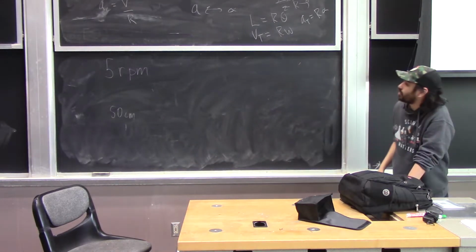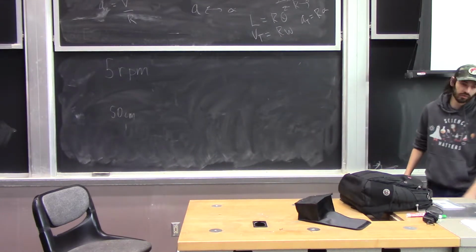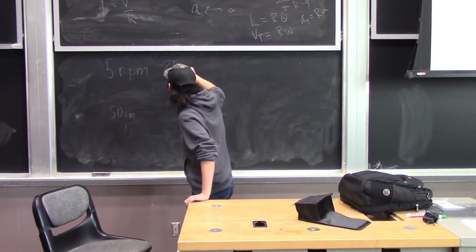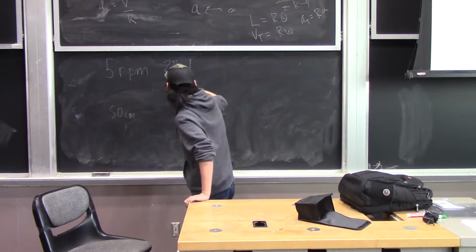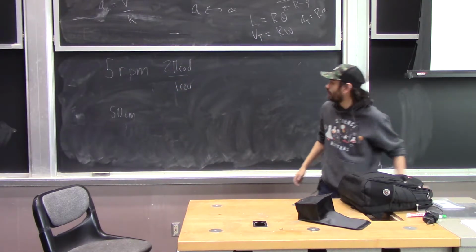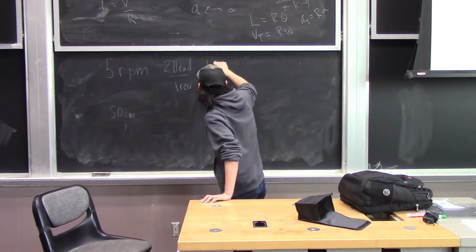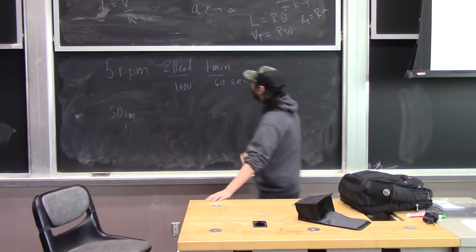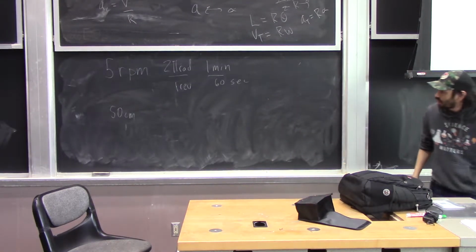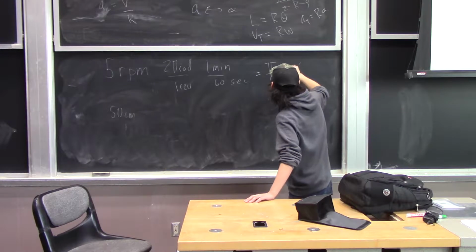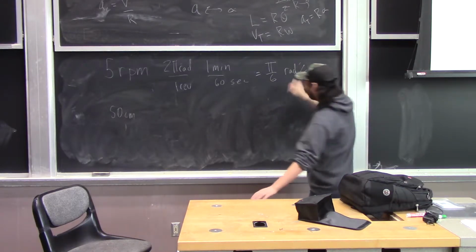And so in order to do that, we can say that in 1 revolution there are 2 pi radians, and in 1 minute there are 60 seconds. So when we do this, we end up finding that this is going to give us an answer of pi over 6 radians per second.